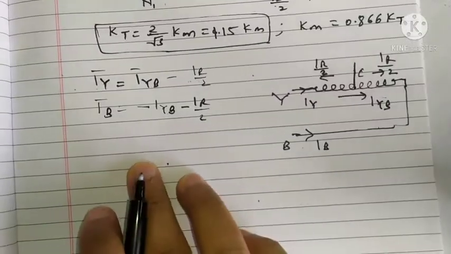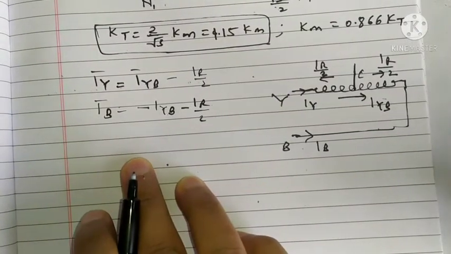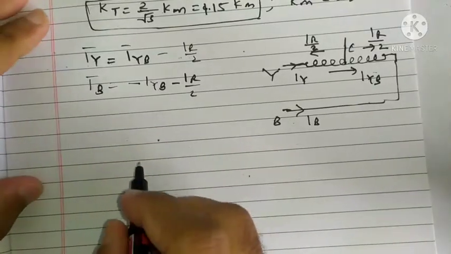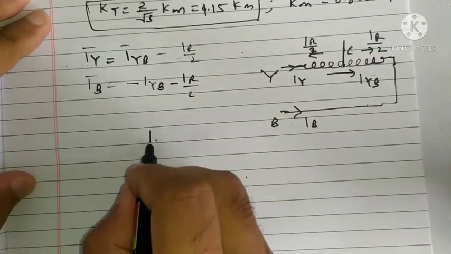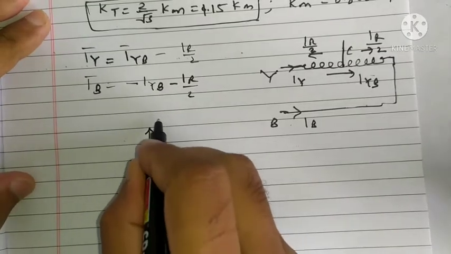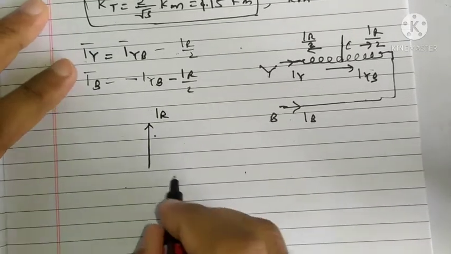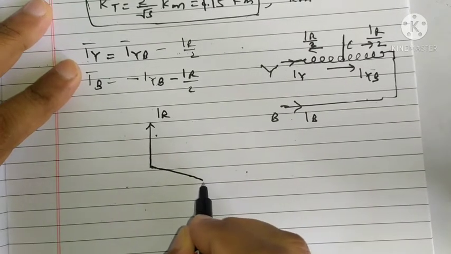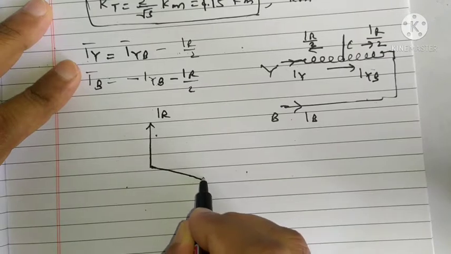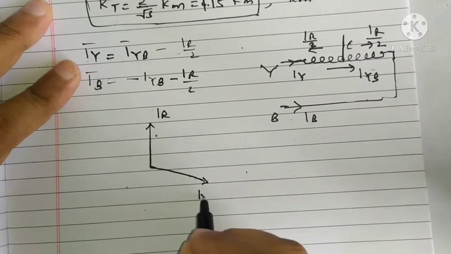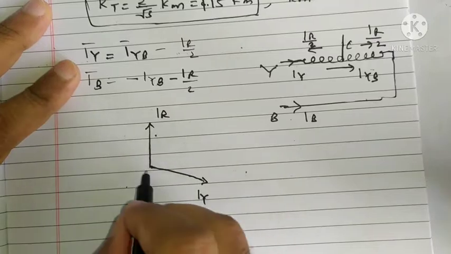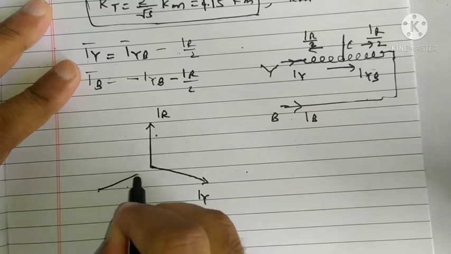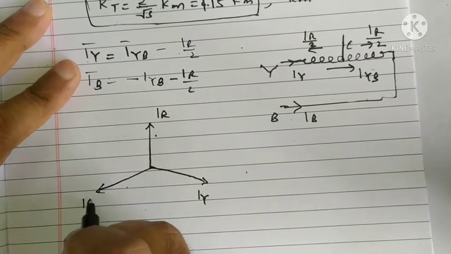So I can show this also, and from here we can see that the two currents will be perpendicular to each other. So if I draw, IR is this current and this is Iy. Taking Iy as reference, Ib is 120 degrees away.